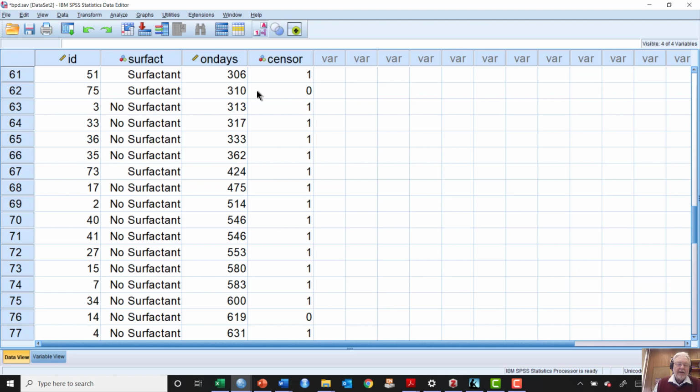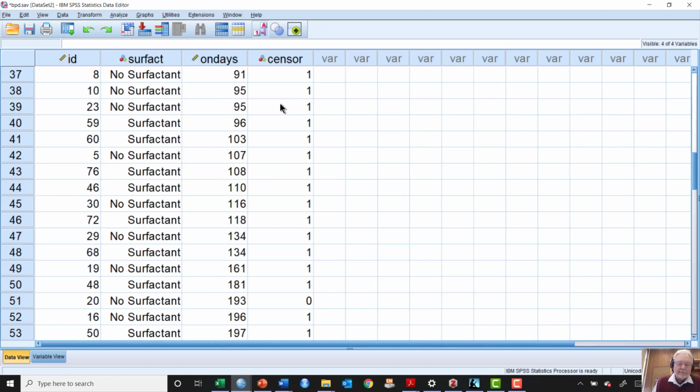It could be censored for a number of reasons. One is he died, but the other is the study ended after he'd been there for 310 days.